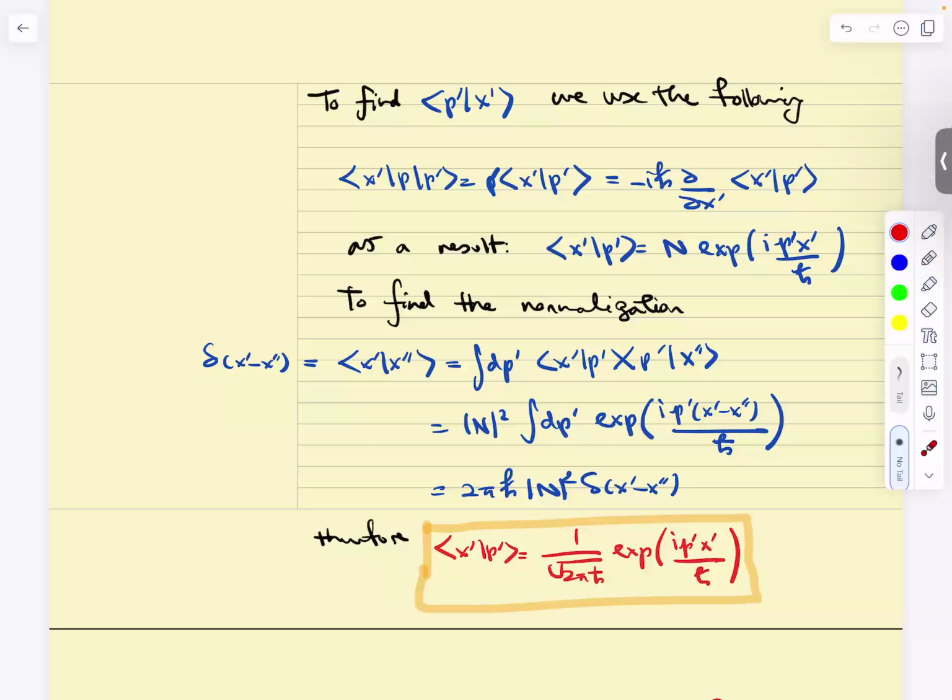E to the power of i k x, dx, what is this integral from minus infinity to infinity? Yes. It's a Fourier transform of what function? One. What is the Fourier transform of that function? Dirac delta.